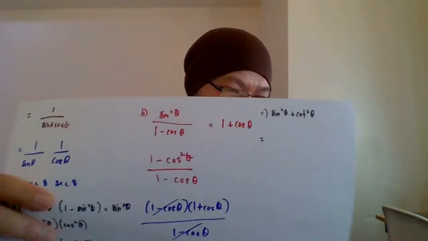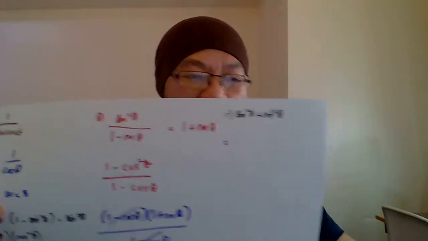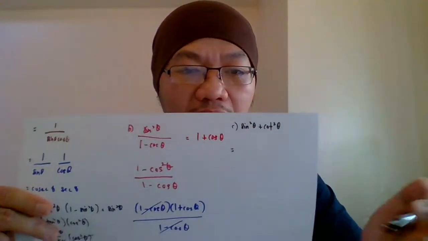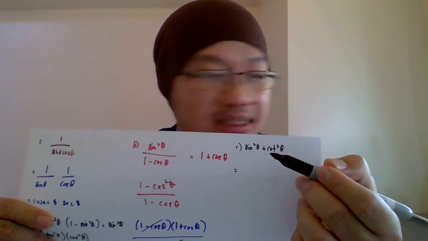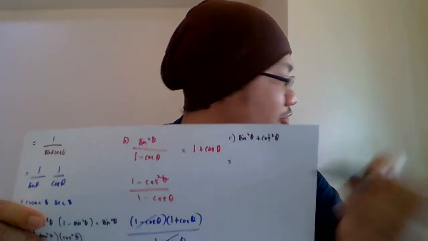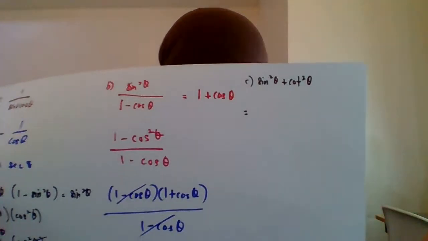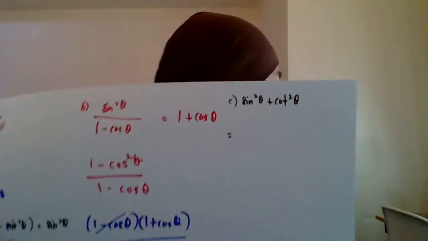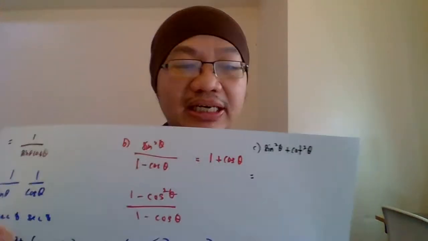Alright, you can see sin squared theta plus cot squared theta. Okay, so this is my question C here. How we prove this, sin squared theta plus cot squared theta equals cosec squared theta minus cos squared theta.